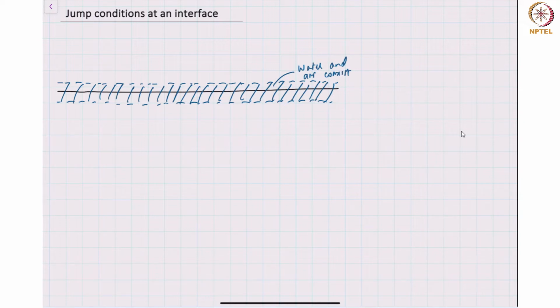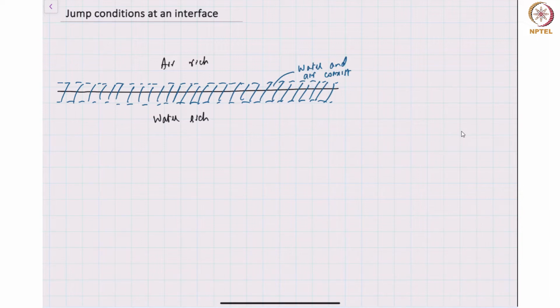Above that region is an air-rich region, and just below it we have a water-rich region. So you can say an interface separates the water-rich region from the air-rich region.